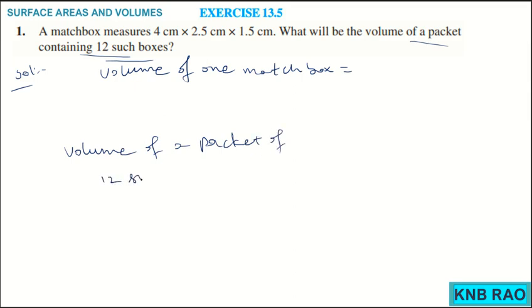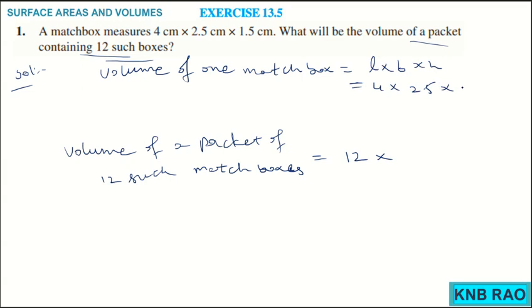of 12 such matchboxes will be 12 into this volume. So here length into breadth into height, that is 4 into 2.5 into 1.5.